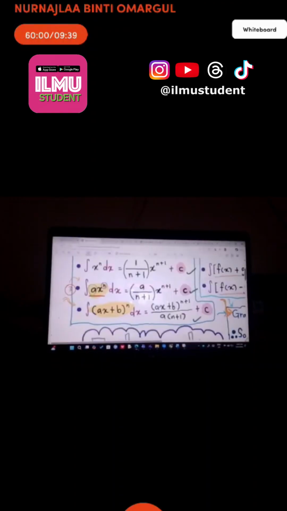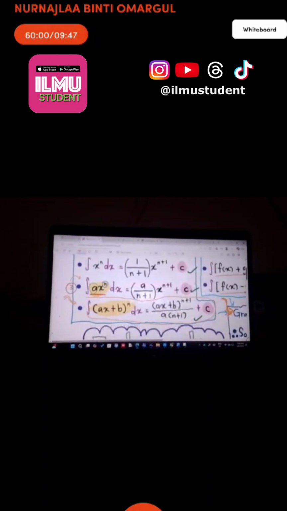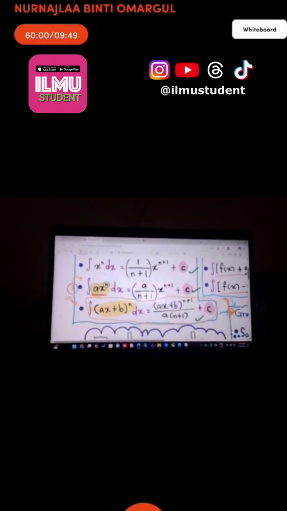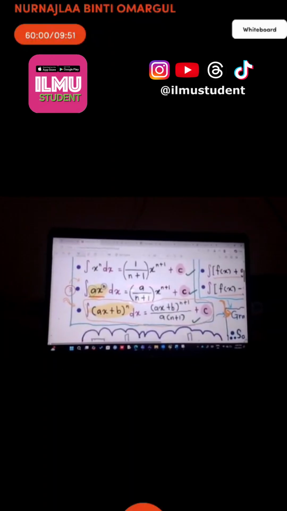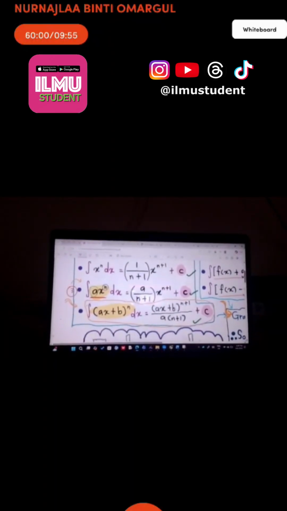So, like just now, ax plus b to the power of n dx, we will apply this formula. We'll find out which one is the a, which one is the b, and which one is the n.